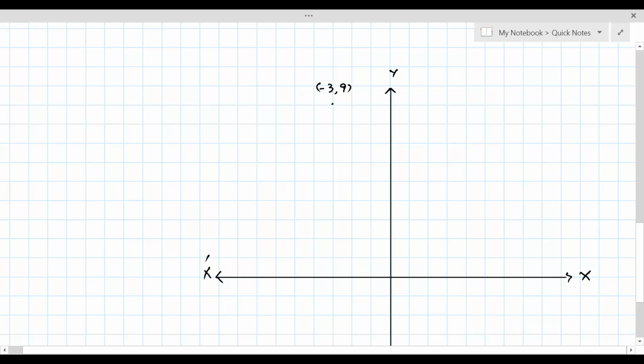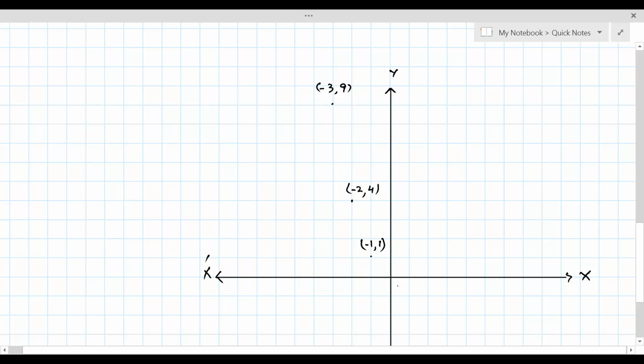And the next point we plot is minus 2, 4. So again, 2 units toward left, minus 2, and then 4, 1, 2, 3, 4. That would be right here. Label this as minus 2, 4. And then is the point minus 1, 1. So let's label this as minus 1, 1.